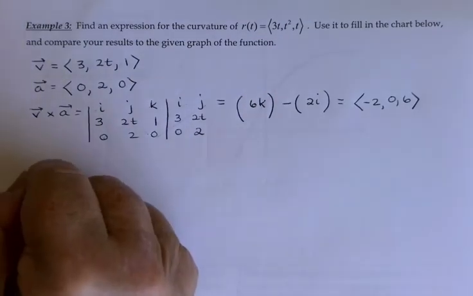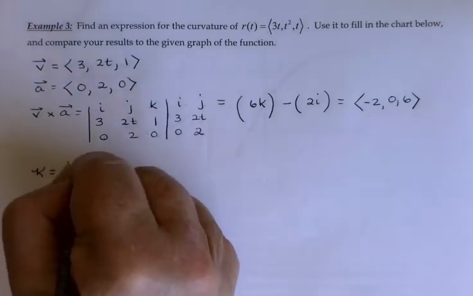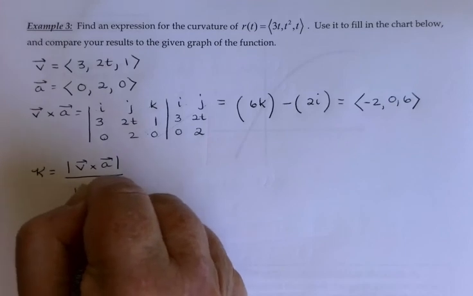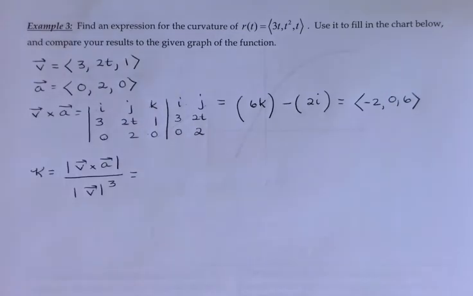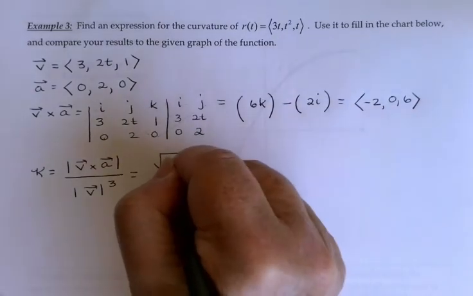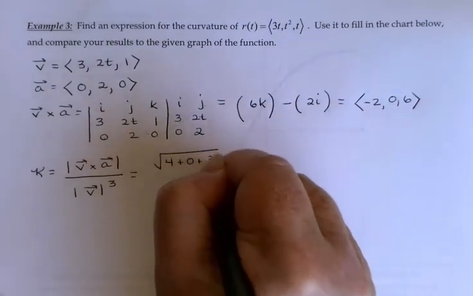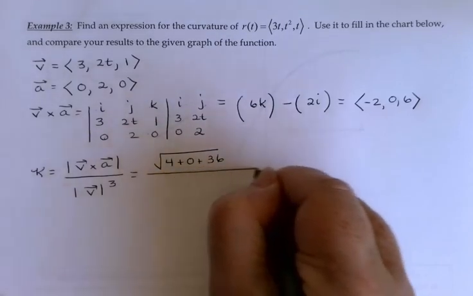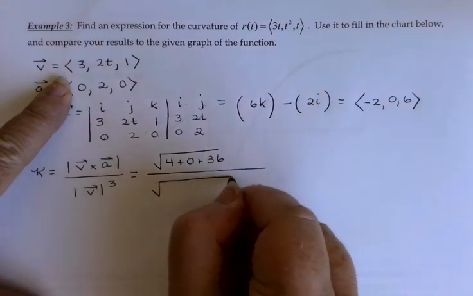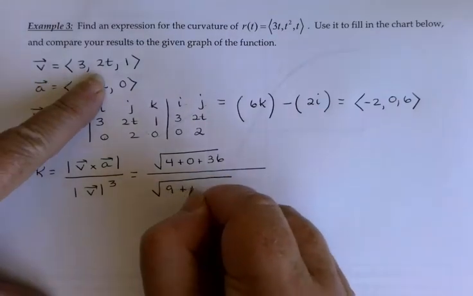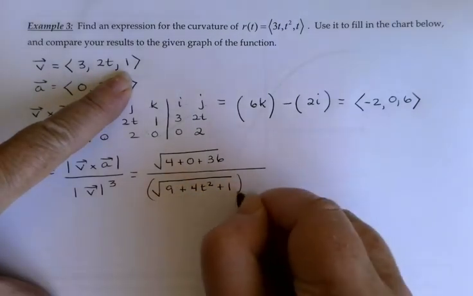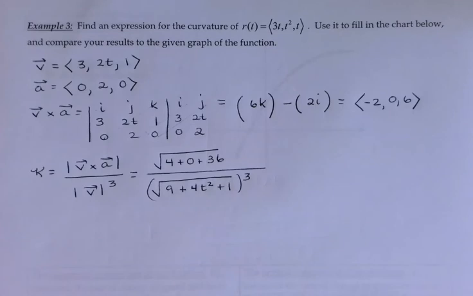All right, curvature: magnitude of v cross a over the magnitude of v cubed. The magnitude of our v cross a would be the square root of 4 plus 0 plus 36. And then the magnitude of v would be the square root of 9 plus 4t squared plus 1, and that's supposed to be cubed.